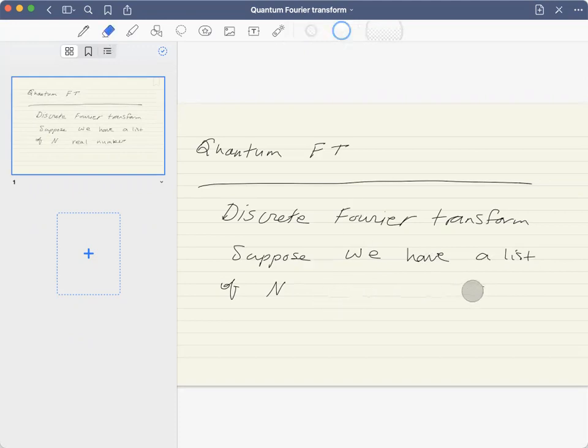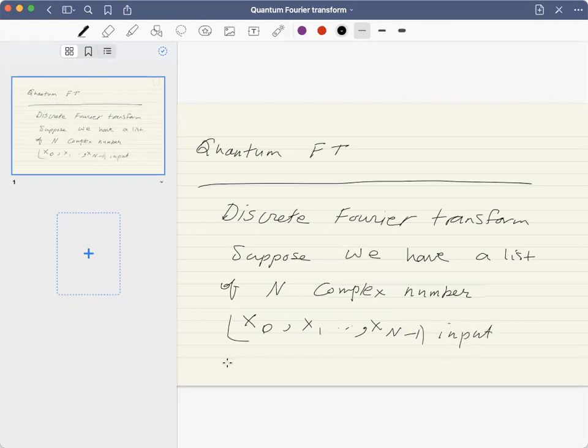So suppose we have a list of n complex numbers, and let's call them x0, x1, up to x n minus 1. So a Fourier transform takes this list of n numbers and generates another list of n numbers. So that's the input. And the output is, let's say, another list of numbers. Let's call them y0 up to y n minus 1.